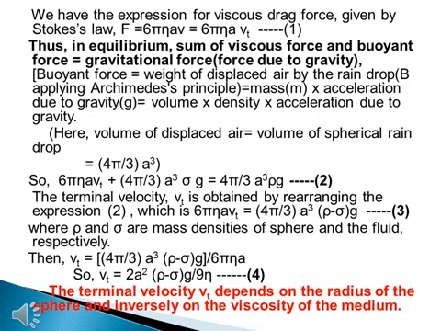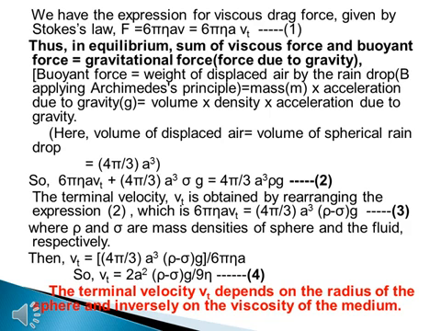When the sum of viscous force and buoyant force is equal to the gravitational force in equilibrium, we can write the expression in the form 6 pi eta a Vt plus 4 by 3 pi a cube sigma g is equal to 4 by 3 pi a cube rho g, which is expression 2, where sigma is the density of the air and rho is the density of the material of the raindrop.